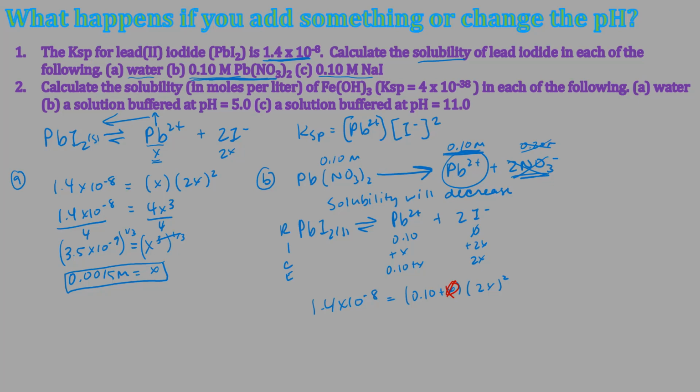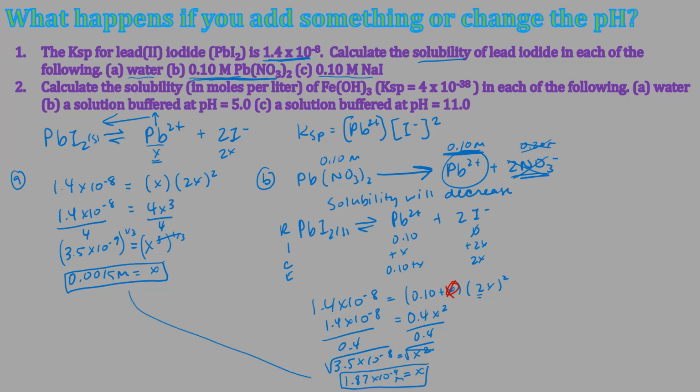I end up with, if I collect like terms, 4, because 2 squared times 0.1, so that's 0.4 x squared is equal to 1.4 times 10 to the negative 8th. So I'm going to divide both sides by 0.4, and I get 3.5 times 10 to the negative 8th is equal to x squared, and then I'll take the square root of both sides, and my x ends up being 1.87 times 10 to the negative 4th.